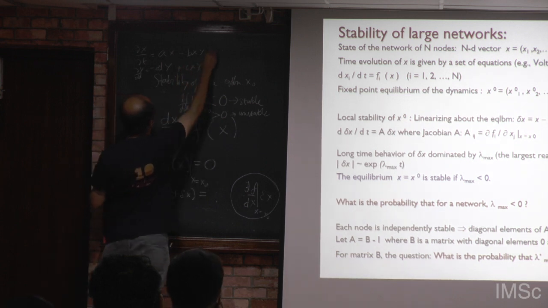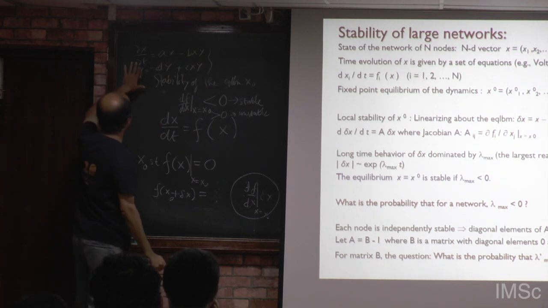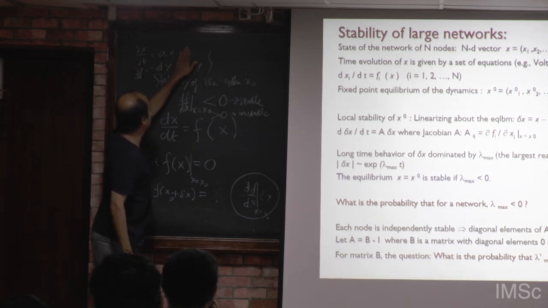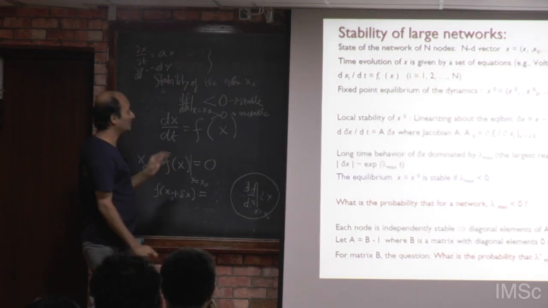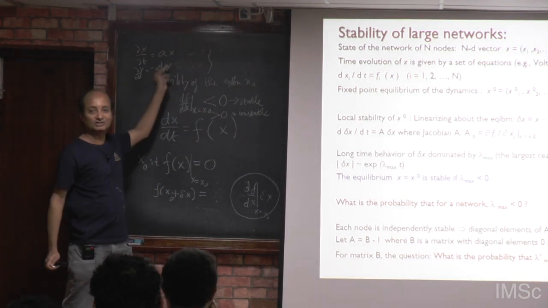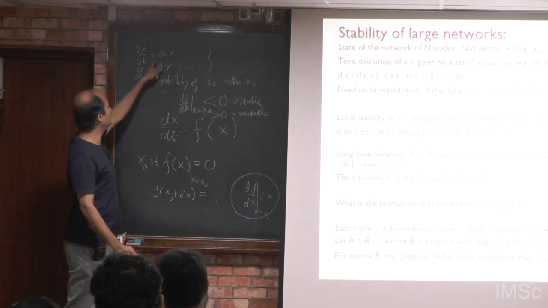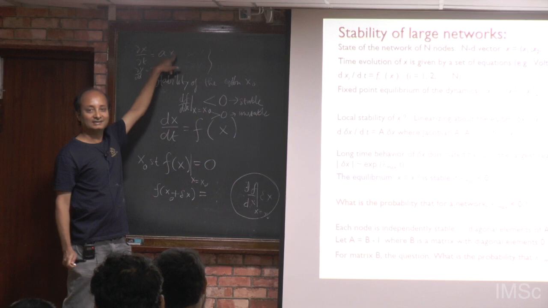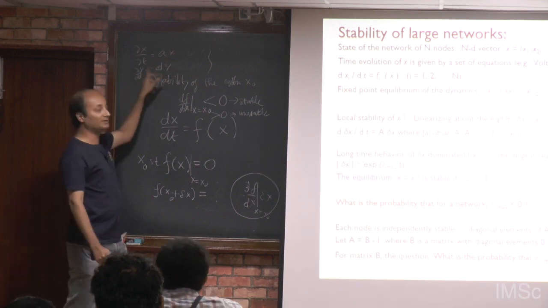If you didn't have any interaction between them, this would boil down to just this system. And so you are imposing the condition that in isolation, each of these systems would be stable, which means nothing other than saying that the diagonal elements, in the case of Lotka-Volterra, would be a and minus d.